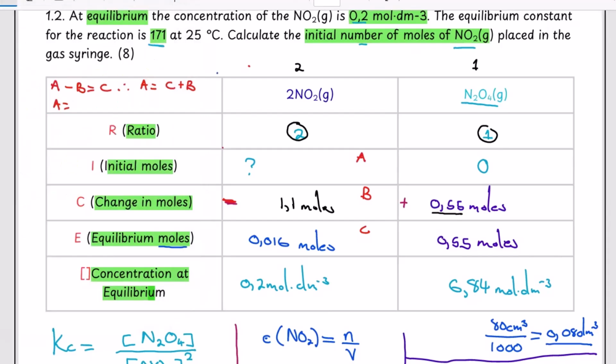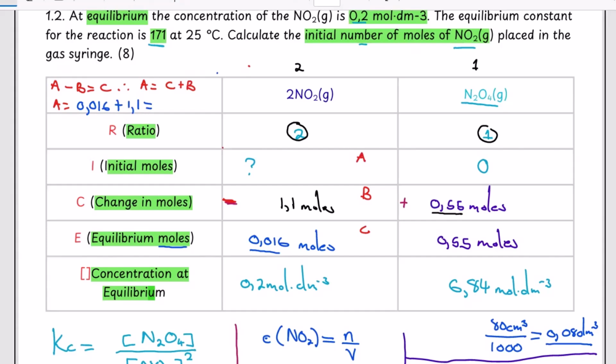My C represents 0,016 moles. Then I add my B. If you look at B, we had a value of 1,1.